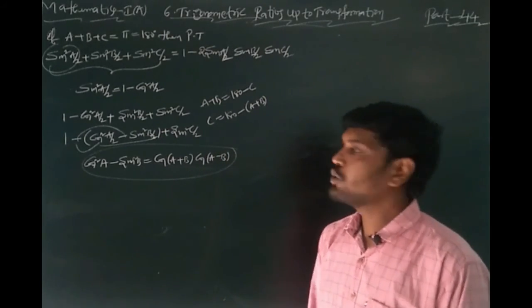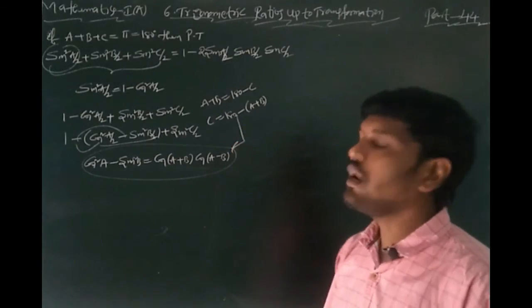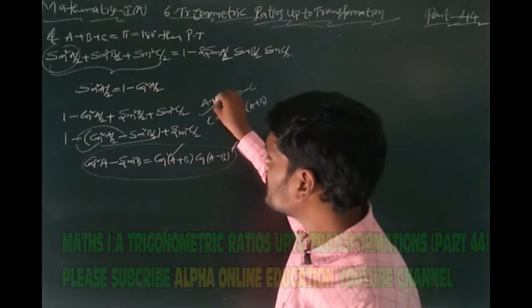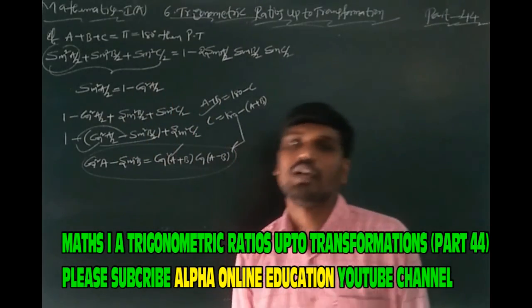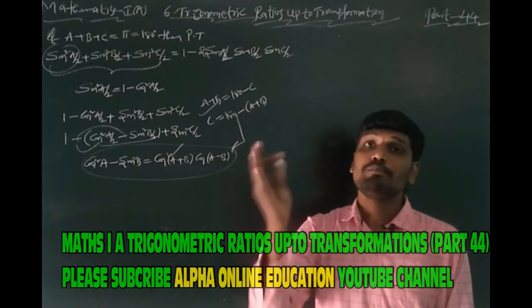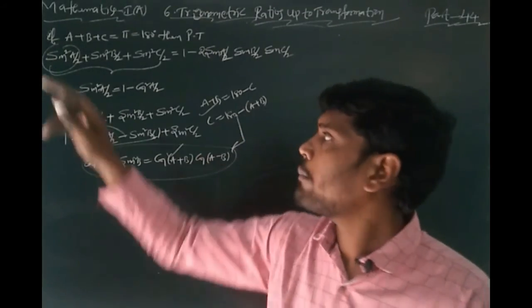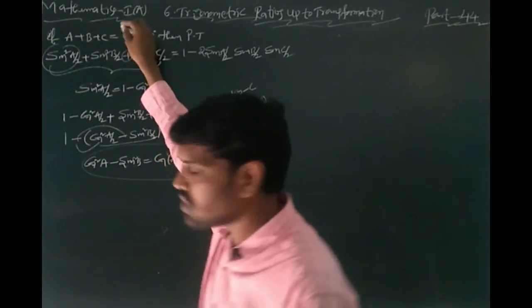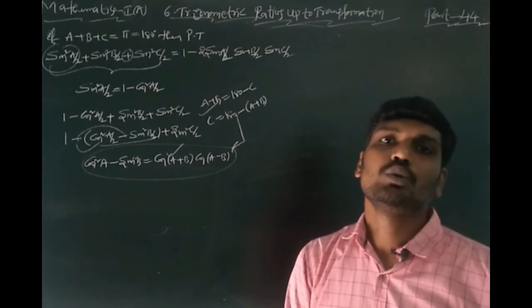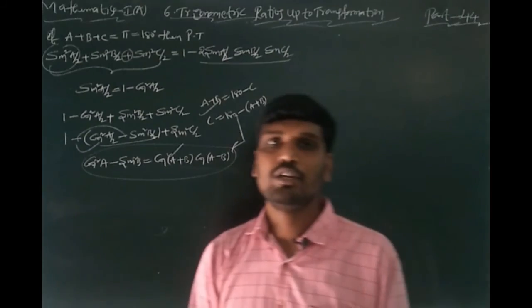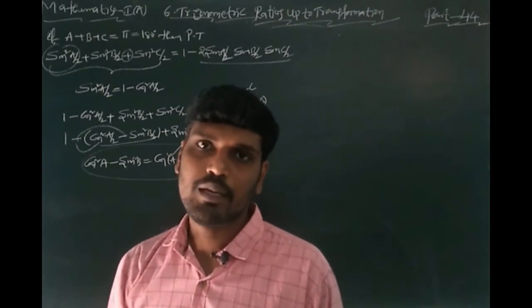You get a simplified total answer. Using this hint, you can do the total answer by using the previous problem model. Simply, you can write the previous problem with minus and plus changed. Compulsory, you get the answer 1 minus 2 sin a by 2 into sin b by 2 into sin c by 2. Okay.